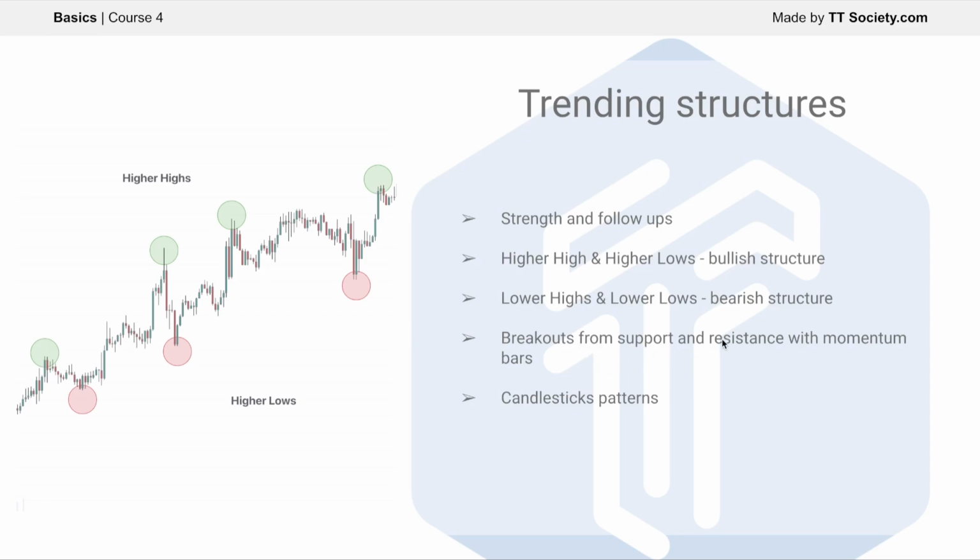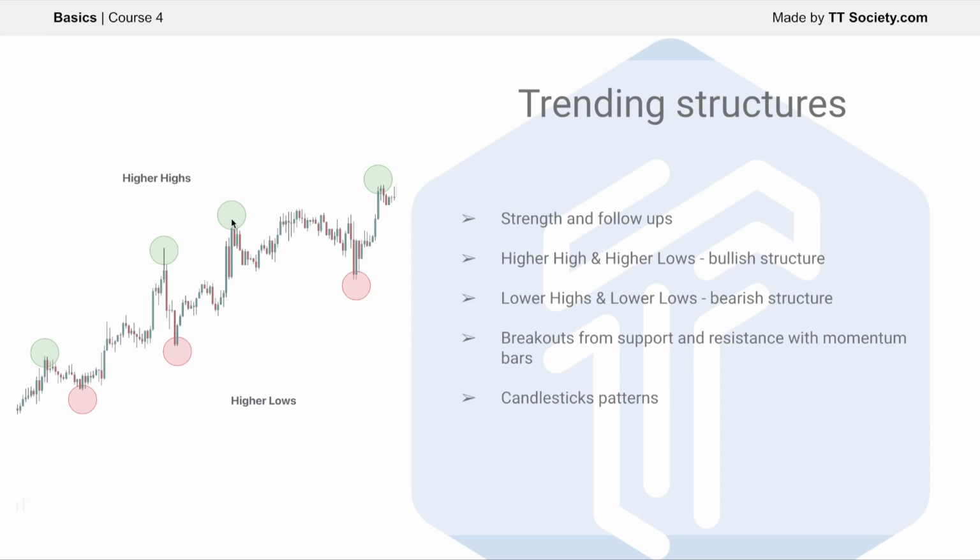You might wonder, breakouts from support and resistance with momentum bars. Every time we're moving to a new high, we're mostly breaking an old resistance point. And the candlestick patterns on each of the swing highs and the swing lows are indicating reversals within a move.